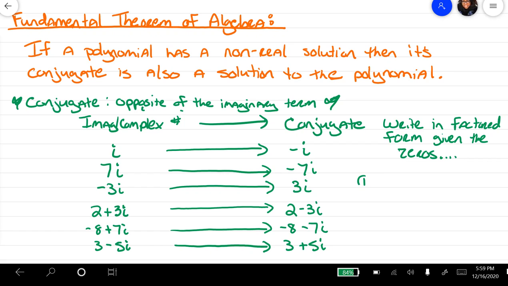All right, so our first example, I'm going to tell you that the zeros are, let's go with 3, negative 7, and I'm going to give you 8i.